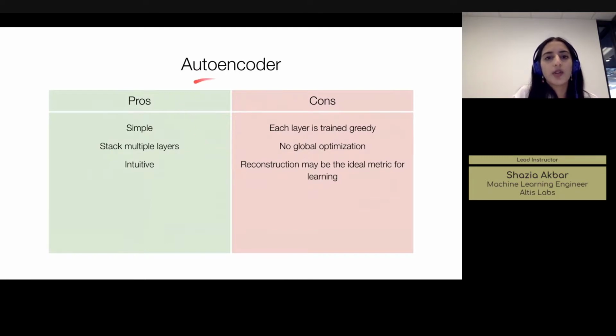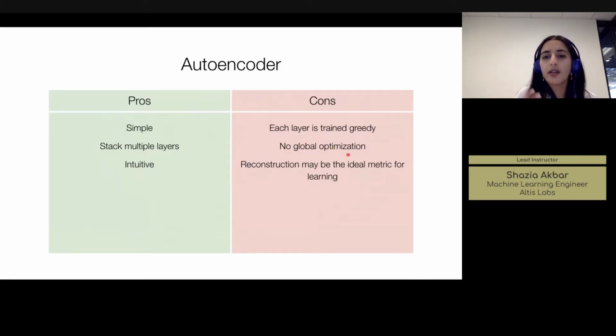And so here for the autoencoder, we know that it's a simple architecture. We know that we can stack it and make it more complex as we need to. And also because of its simplicity within the latent space, it's very intuitive. However, because it's greedy and because this latent space is kind of left to roam free, it may not work as well as we want it to work, and it's not really modeling the data.